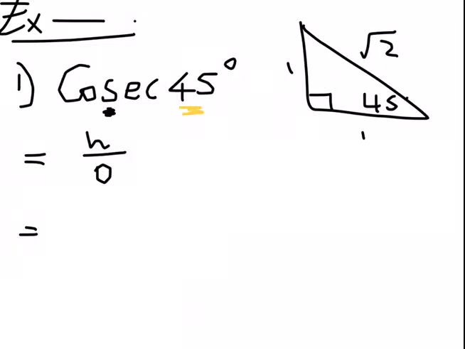opposite, and which side will be hypotenuse. Let's see, hypotenuse is definitely that one, yes. And then opposite is definitely 1, yes. Okay, let me just quickly confirm something.